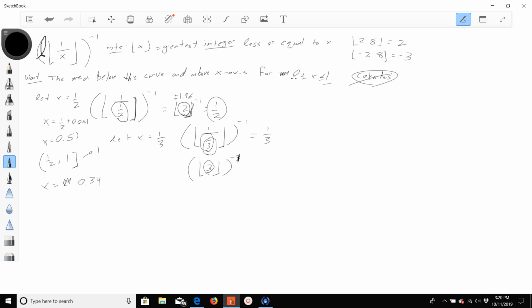And when we raise that to the negative 1, we get a half. So, in other words, on the interval from 1/3, not including a third, to a half, including a half, when we take this function, we get 0.5, or a half.